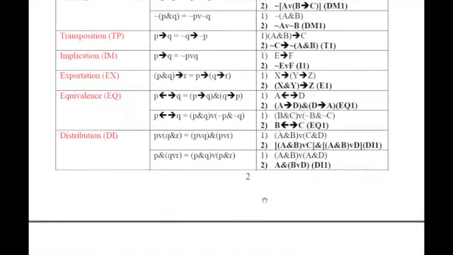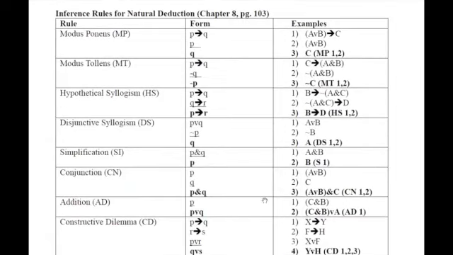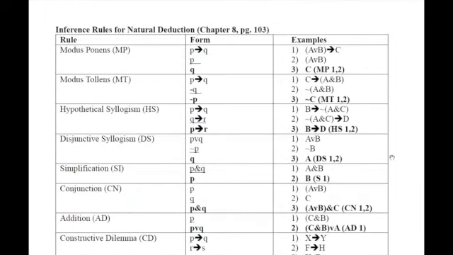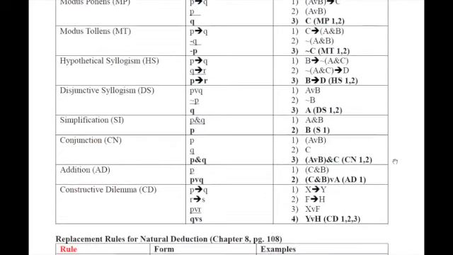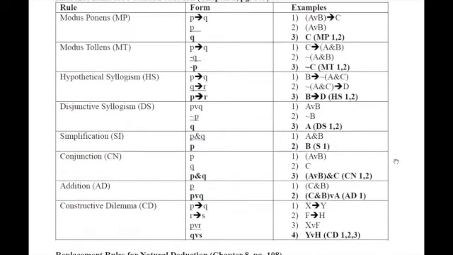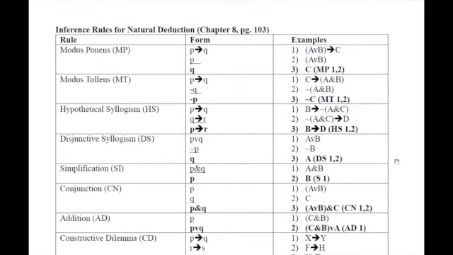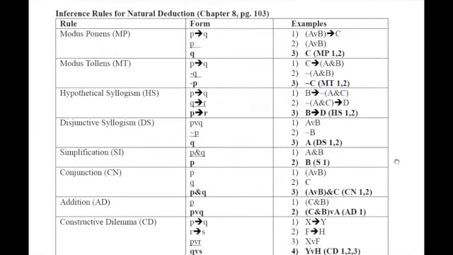So if we have the two separately and we want to get the conjunction of the two, which rule are we going to use? Not distribution yet. That's the last step. We're trying to get the thing we need in order to use distribution to arrive at our ultimate goal.